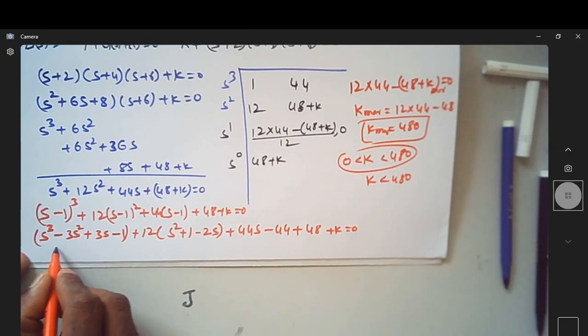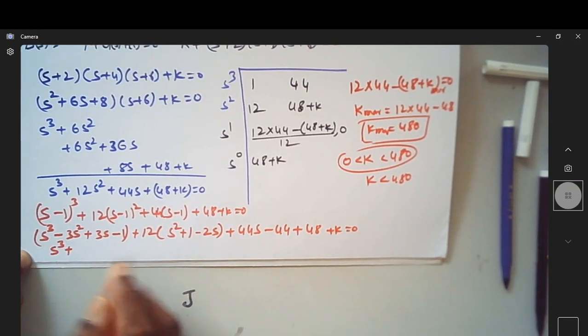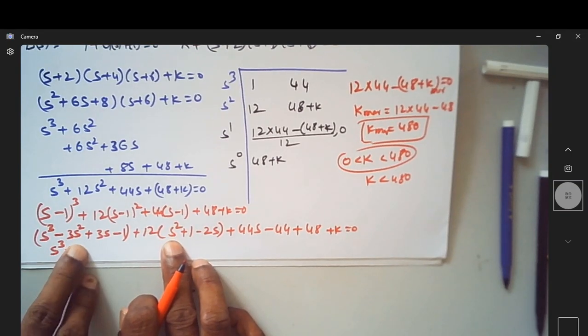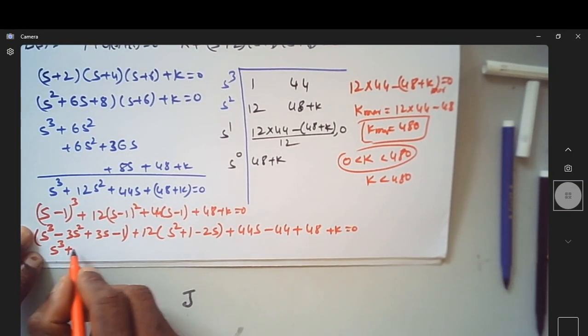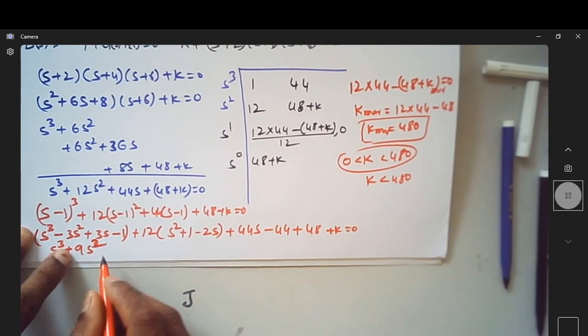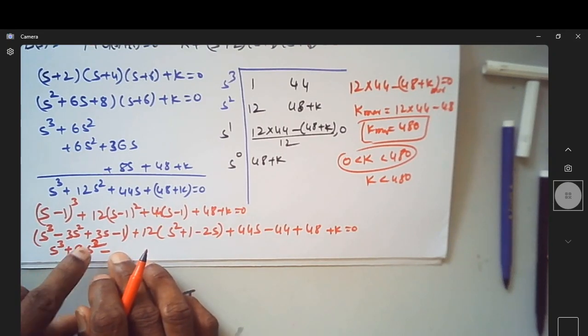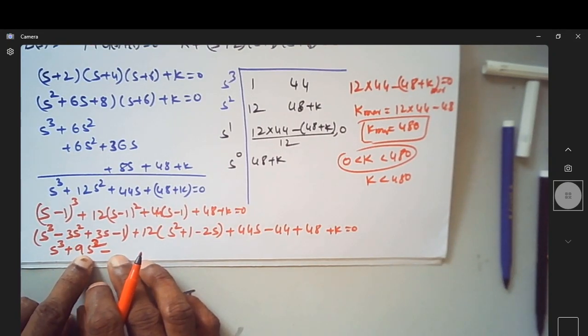Then this is s cube plus 12 minus 3, which is 9 s square. Then what will be the value of s here?